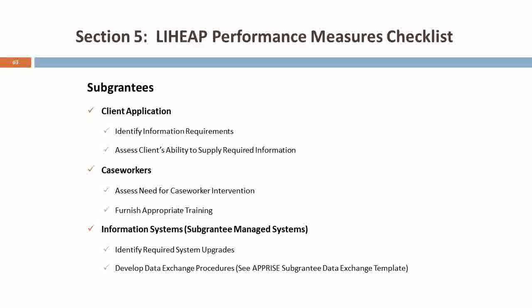And anyone that tracks data in a central system will be able to tell the intake workers that aren't getting it, because you'll see that one intake worker has classified all of their clients as in imminent risk, whereas the rest of the intake workers in the agency, it's more scattered. So there are ways to even look at patterns and to address those issues afterwards, but it's much easier to get it training beforehand. And then information systems, subgrantee managed systems.